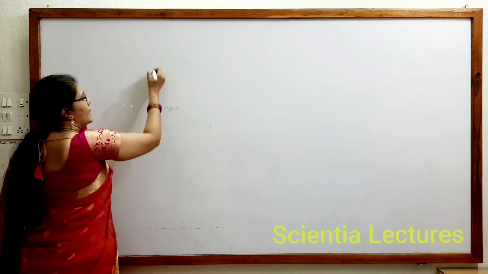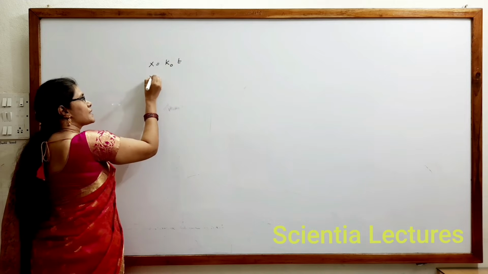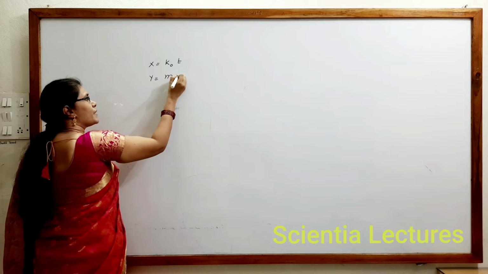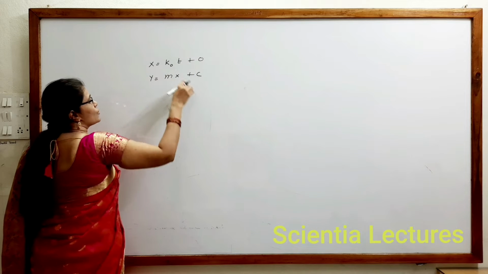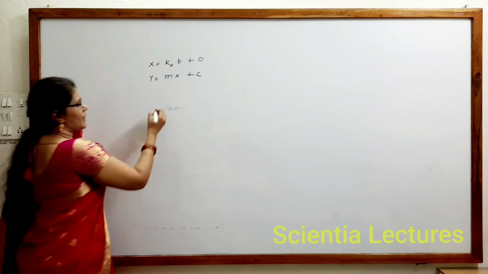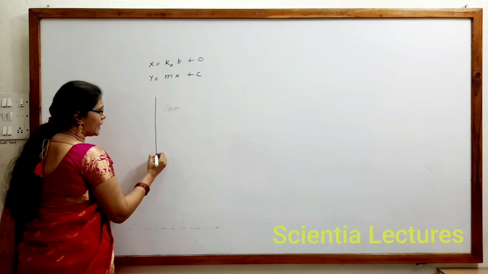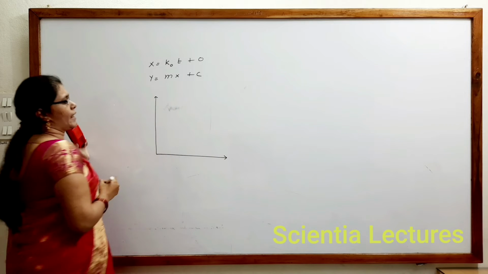Now, from x equal to k naught t, here x is taken on the y-axis, like y equals mx plus c. Here we can put plus 0, so the y-intercept in this case will be 0. It is the slope-intercept form of the graph related to zero order reaction.